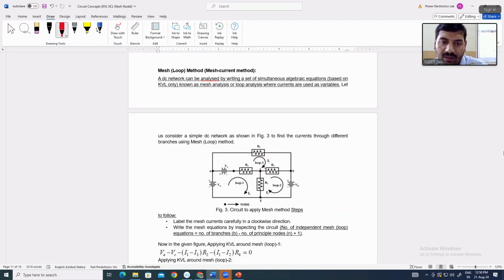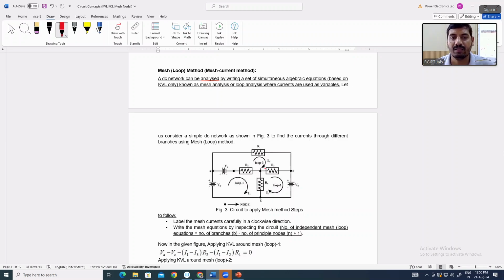We take meshes only, because this is the mesh method. So we first define the number of meshes, and then we have to apply KVL in those meshes.